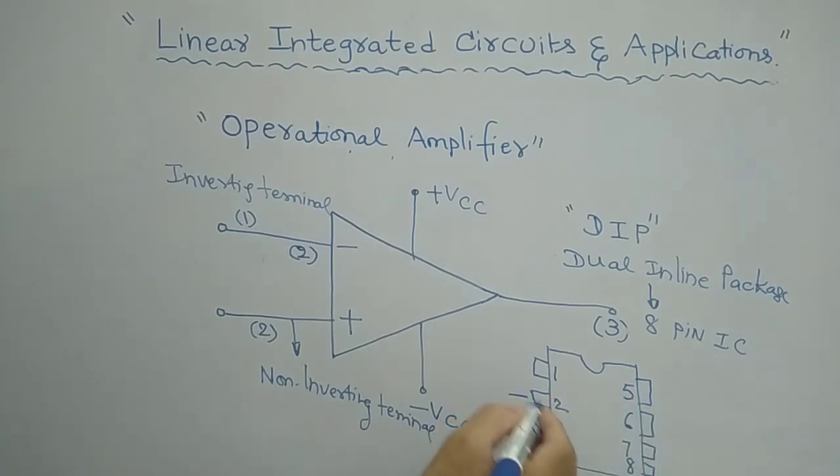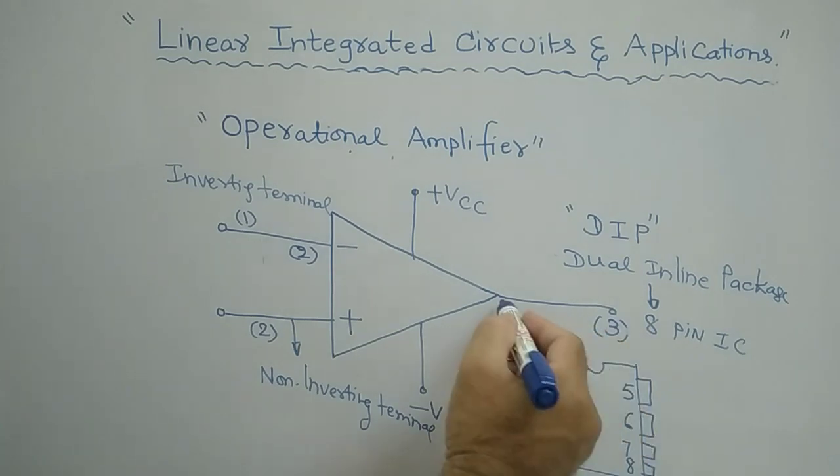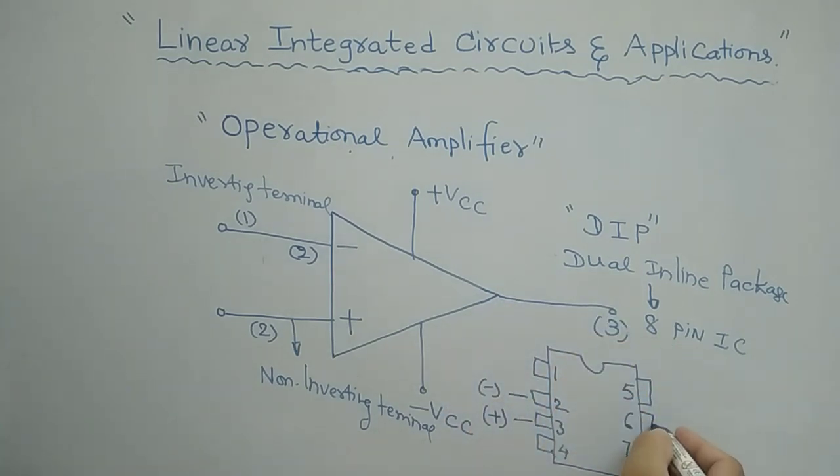So these pins 2 and 3 are very important. Pin 2, with the minus sign, is the inverting input, and pin 3, with the plus sign, is the non-inverting input. The output terminal is pin 6.